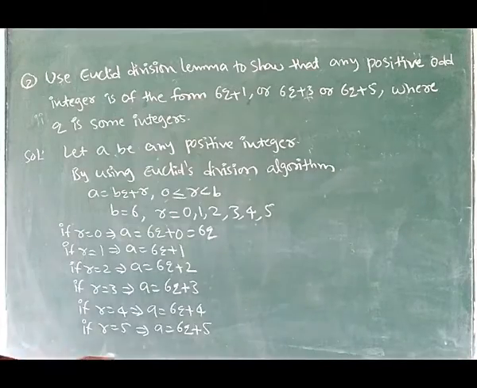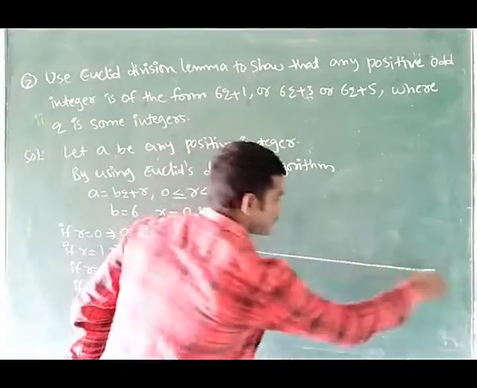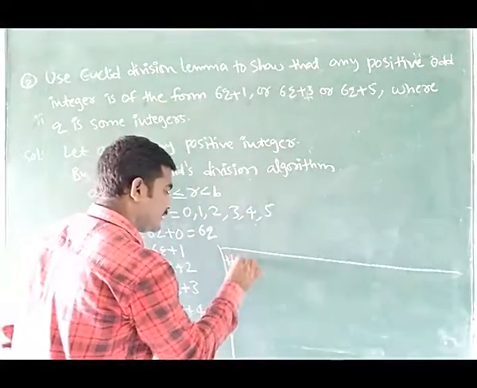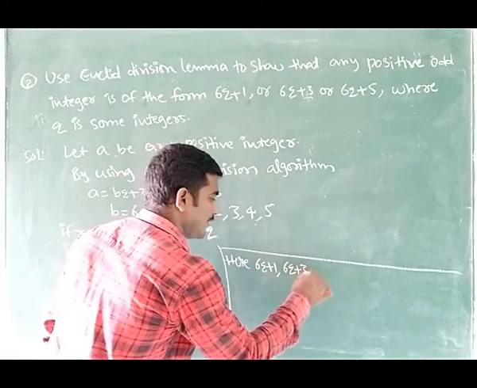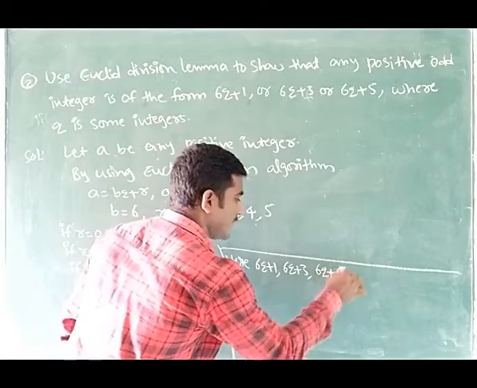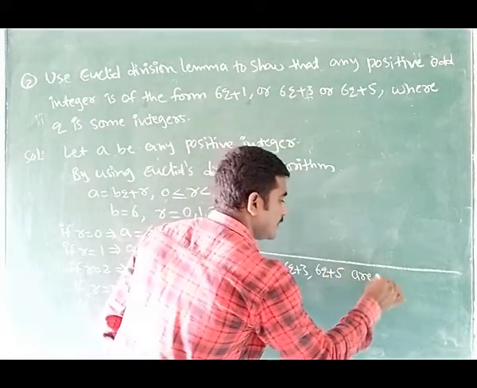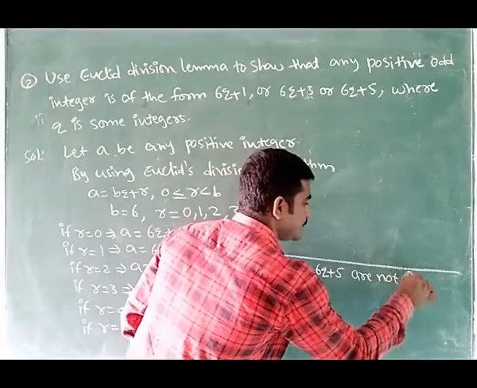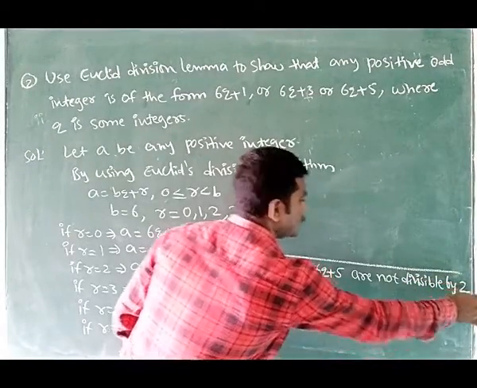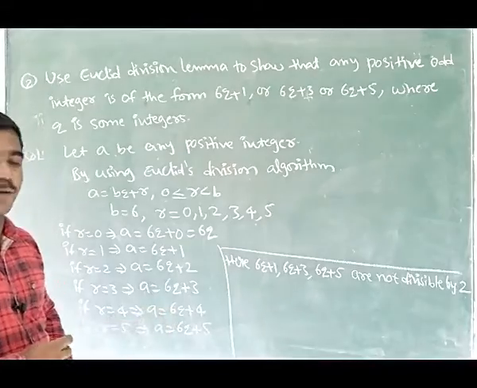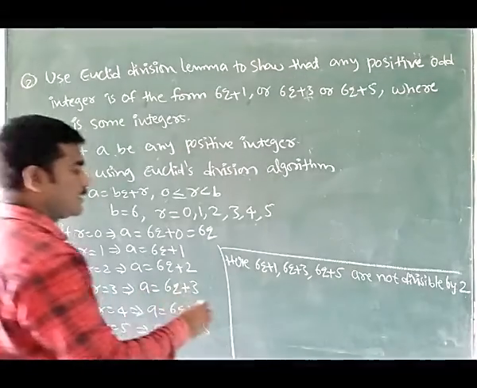Here I am writing the solution. Here 6q plus 1, 6q plus 3, 6q plus 5 are not divisible by 2. These three are not divisible by 2. Therefore, what is the answer?